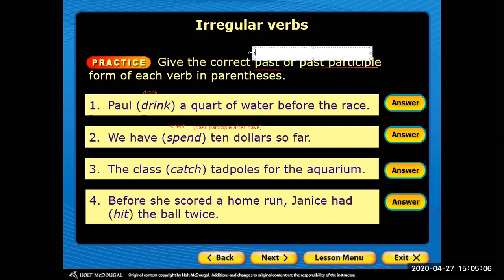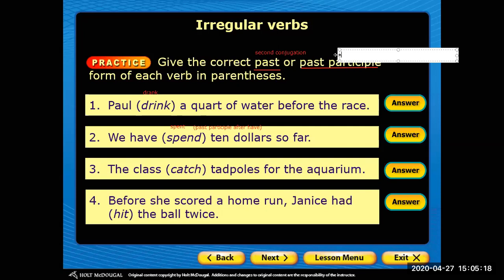Past, like second conjugation, and here it's like third conjugation. Yes, Mazen Habibi, it will be the class caught tadpoles for the aquarium.